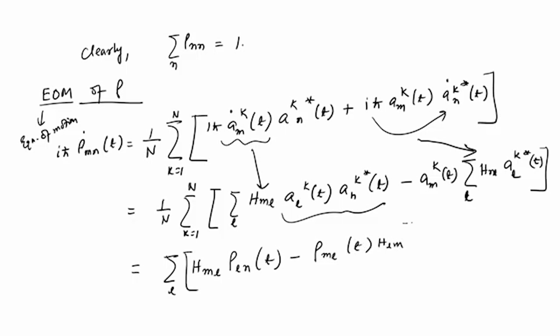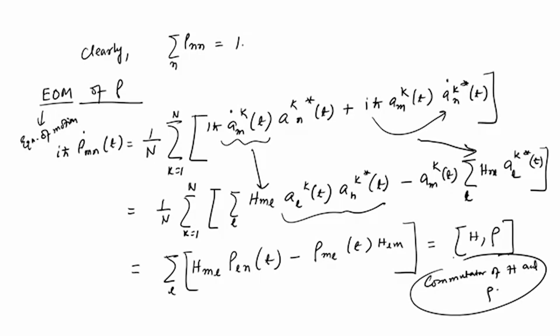Now, this is nothing but the commutator of h and rho, both as operators. And just for your convenience, the commutator for two operators is written as AB minus BA. The reason that this is not equal to 0 is that they are not numbers but operators.